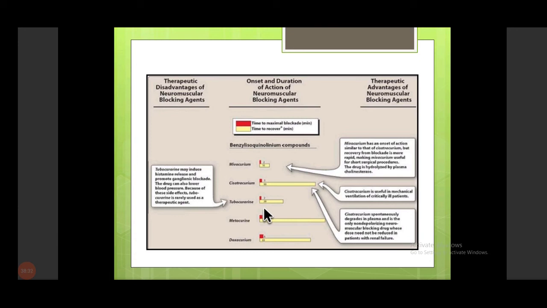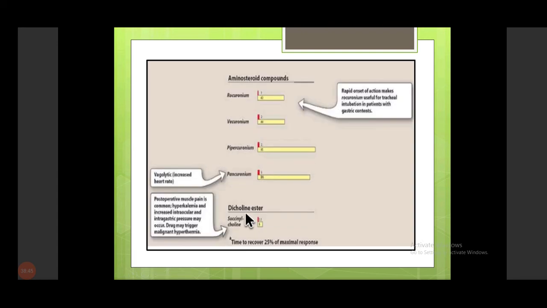Hence, not preferred nowadays. The release of histamine could cause hypotension, bronchoconstriction and various other side effects. And the blockade of autonomic ganglia also comes with its own side effects, hence not preferred nowadays. Newer derivatives are preferred.